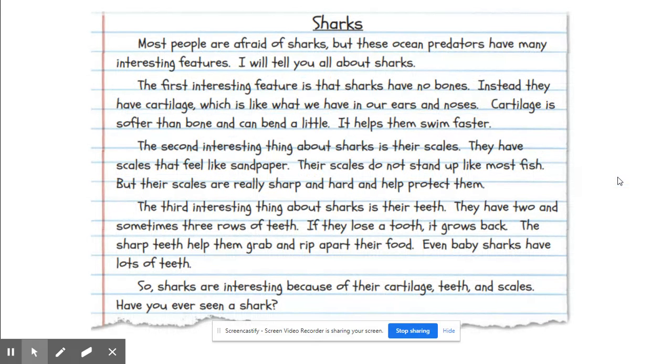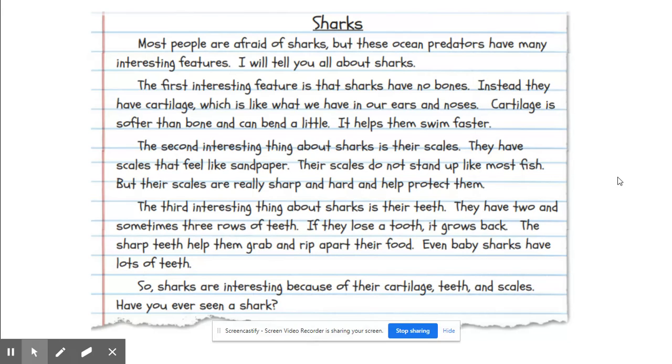Sharks. Most people are afraid of sharks, but these ocean predators have many interesting features. I will tell you all about sharks. The first interesting feature is that sharks have no bones. Instead, they have cartilage, which is like what we have in our ears and noses. Cartilage is softer than bone and can bend a little. It helps them swim faster. The second interesting thing about sharks is their scales.